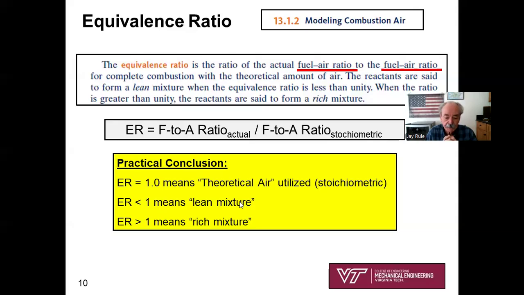An equivalence ratio greater than 1 means you're running rich. Fuel rich. And you've heard that term, right? You've got a rich mixture. That's the situation where you probably see a very blue smoke coming out of your exhaust, meaning that you've got unburned fuel coming out of the exhaust.